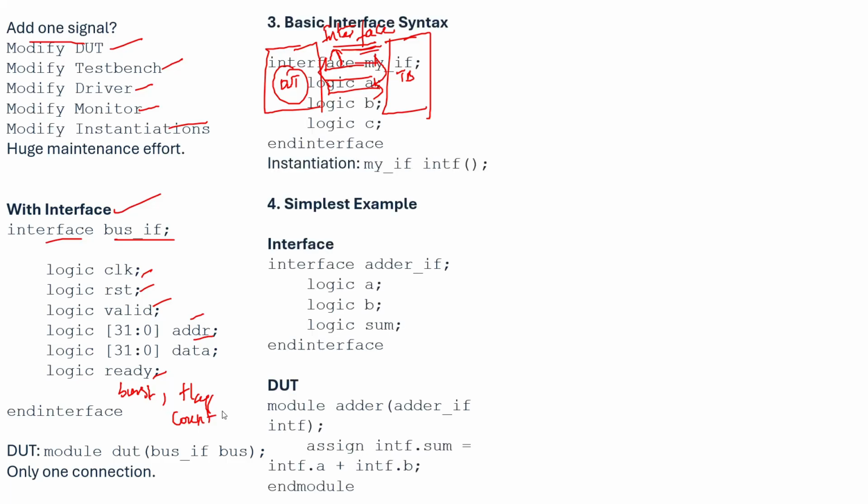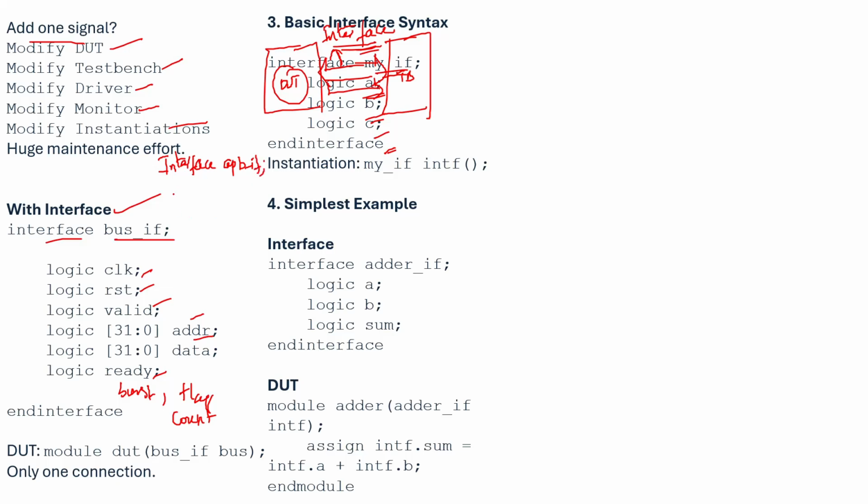See, we have my interface. What is your interface name? Inside that logic A, B, C, and we write endinterface. So in your interface, we represent interface, name of the interface, like ABB interface.